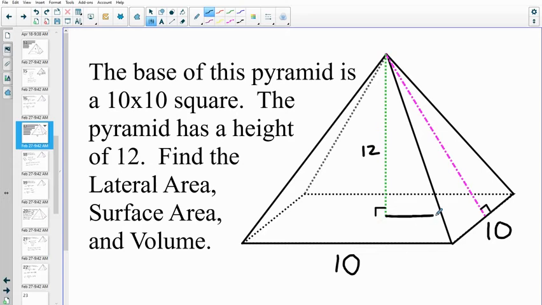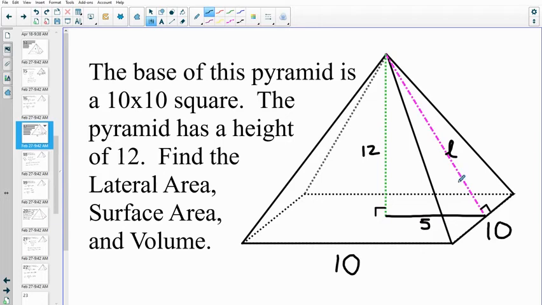I'm going to finish off that triangle and say that if this side length is 10, then the base of this triangle over here must be half of that because the height goes straight from the center of the square. So the base of the triangle is 5. So there we go. 12 squared plus 5 squared equals my slant height squared.